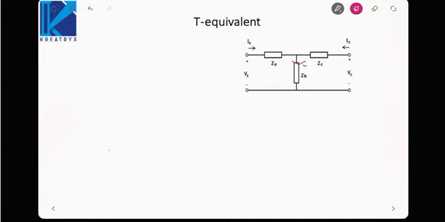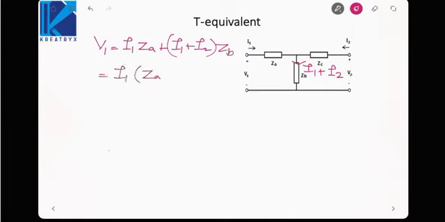By KCL, the current in ZB is I1 plus I2. Now if we apply KVL, V1 will be equal to I1 ZA plus (I1 plus I2) into ZB, that is I1 (ZA plus ZB) plus I2 ZB.